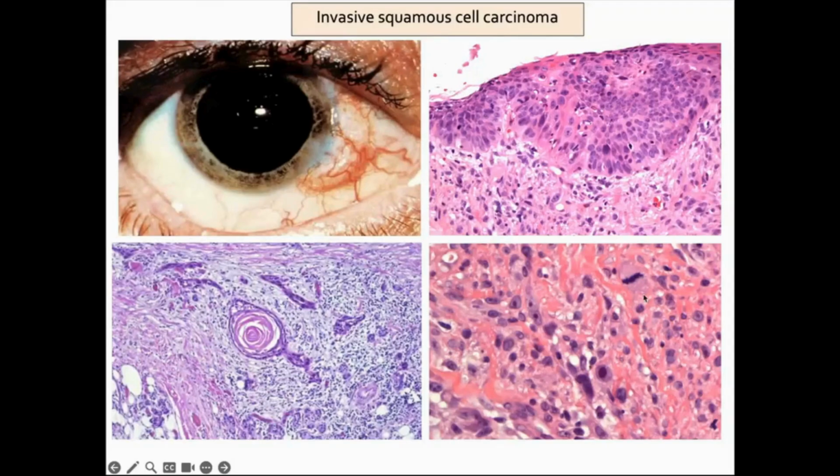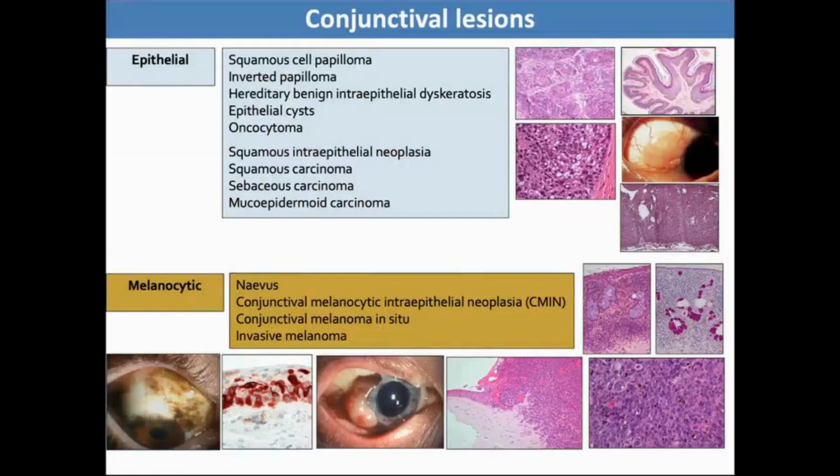In this case, you can see it really is poorly differentiated, and it turned out to be a spindle cell carcinoma. So this is the epithelial lesions, and now moving on to the melanocytic lesions.